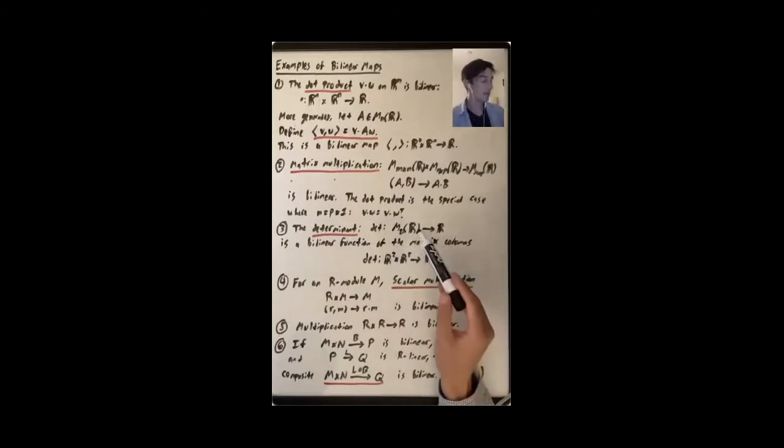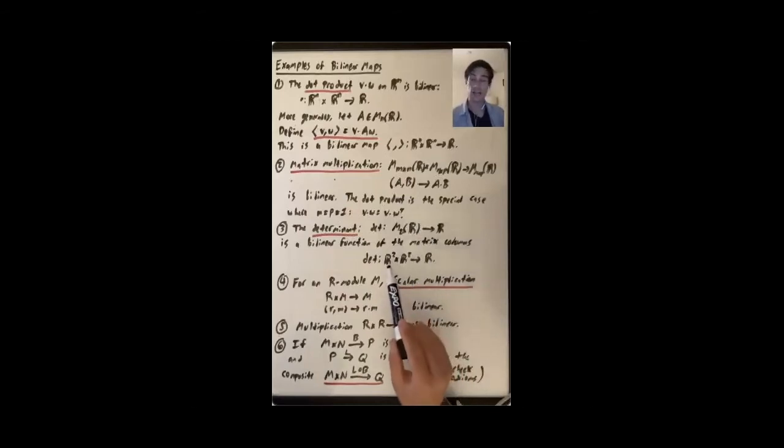So this is a bilinear function of the matrix columns. It takes in a vector in R^2 and another vector in R^2 and outputs a real number. And first, each one of these R^2s is an R module. And this determinant function, using what you know from linear algebra, you can check that it really is bilinear.